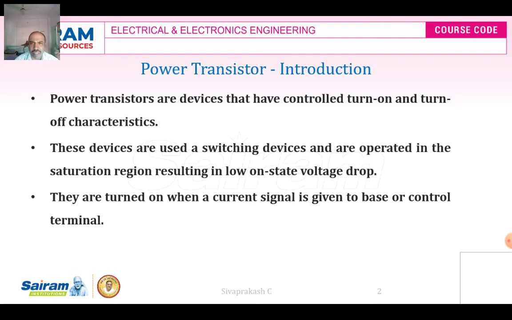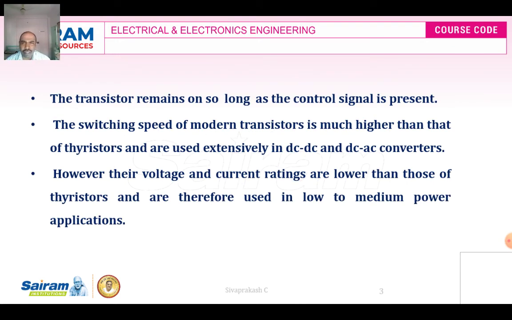BJT is a current controlled device, but FET or MOSFET is a voltage controlled device. Since BJT is current controlled, it is turned on when a current signal is given to the base. The transistor remains on as long as the control signal is present; until the control signal is removed, the transistor remains on.